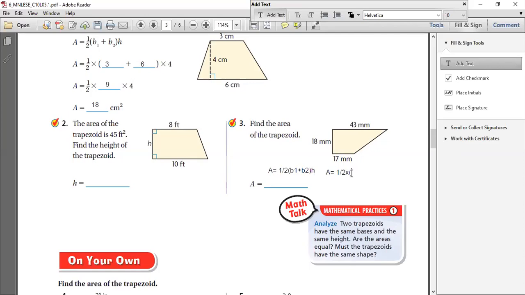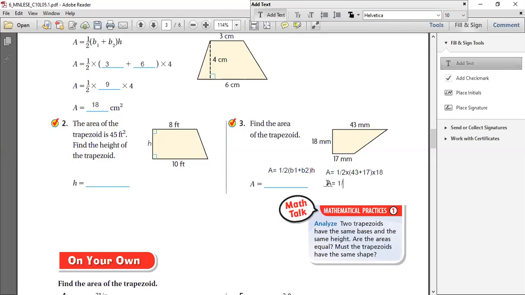Base 1 is 43 plus base 2, which is 17. Close the parenthesis, and the height is 18, which means you have to multiply by 18. The next step, always solve the parenthesis first.